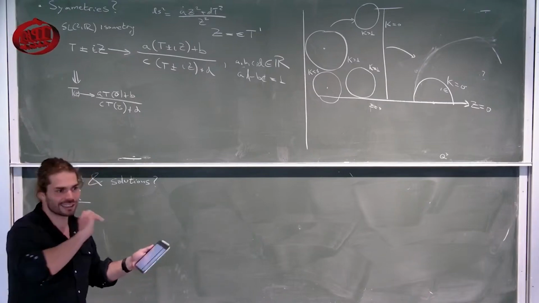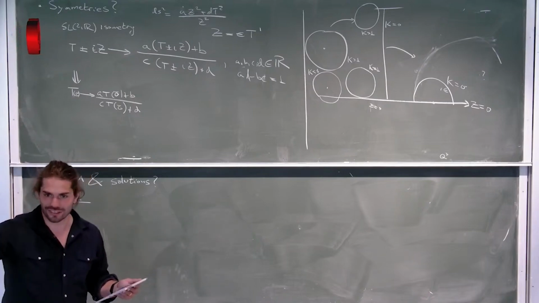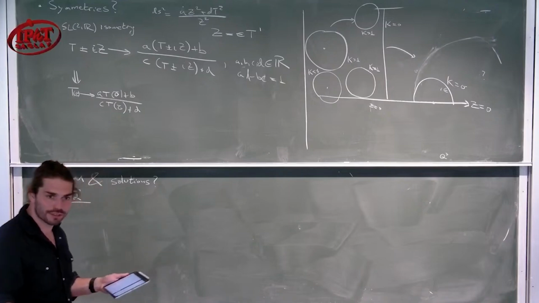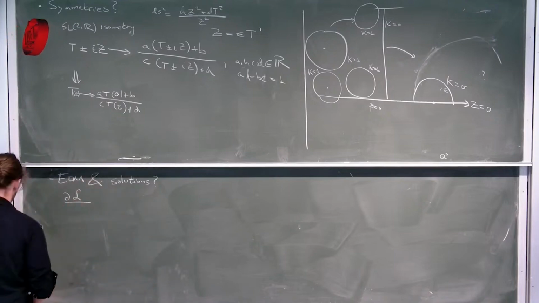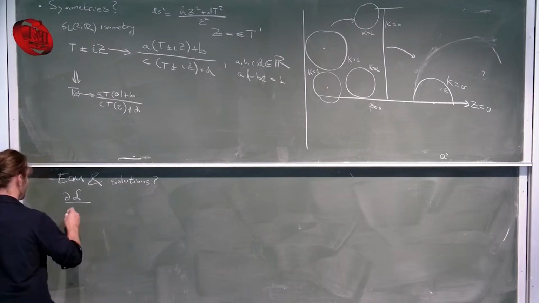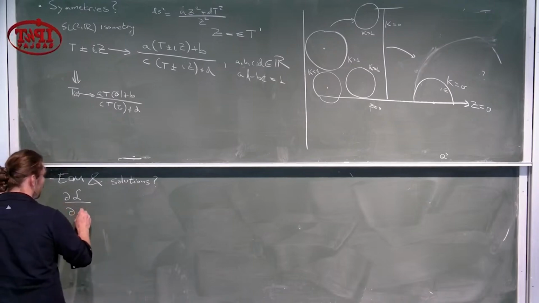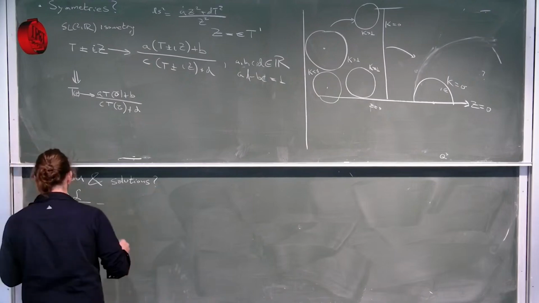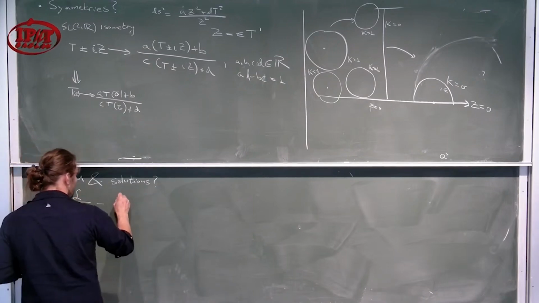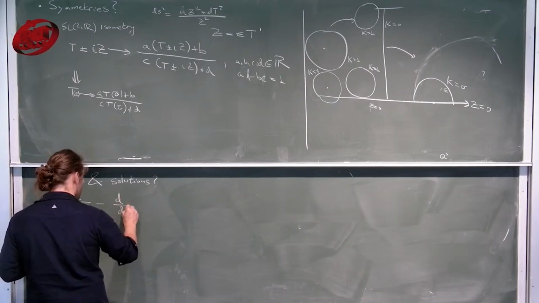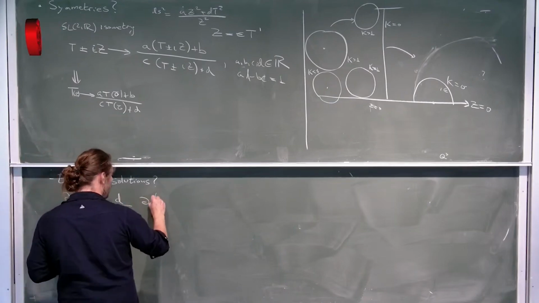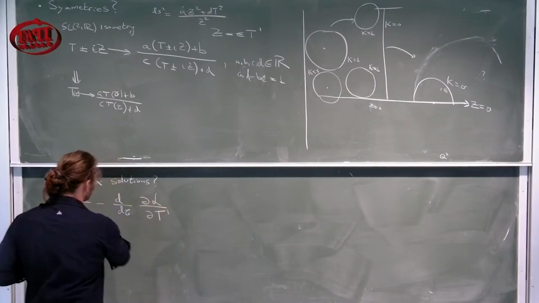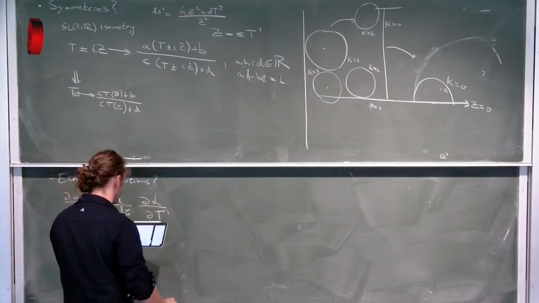In Landau, he has a derivation of the Euler-Lagrange equations for an action that only contains first derivatives, but a similar derivation applies to an action with an arbitrary number of derivatives, and one finds that the new Euler-Lagrange equation is given by the following: dL/dt minus d/dtau of partial L over partial t prime, the thing that's contained in the usual Euler-Lagrange equations.